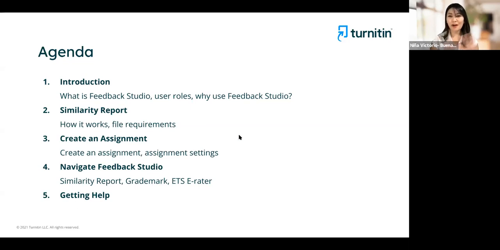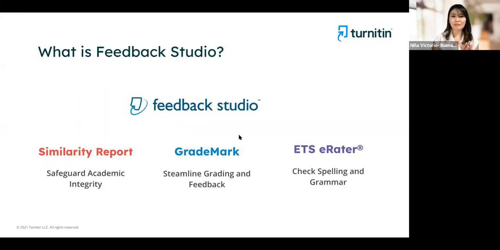So with all of these agenda, I think we can start. Let's talk about what Feedback Studio is. Feedback Studio is the product or the tool that is being used by Ateneo de Manila University, and it is actually an originality checking and plagiarism prevention tool. Feedback Studio checks students' writing for citation mistakes as well as inappropriate copying.